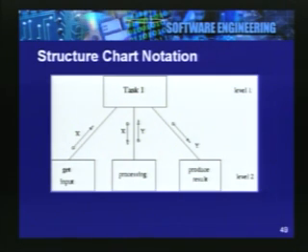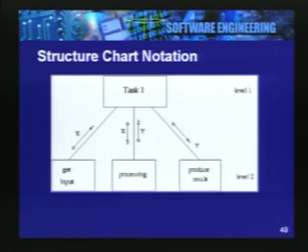You can see that there is a data item named X which is flowing from get input towards task 1. Basically, what it implies is that task 1 needs this X and it has given this responsibility to the get input module. So, it calls the get input module and receives from it the data item X, which it may then pass to the processing module.